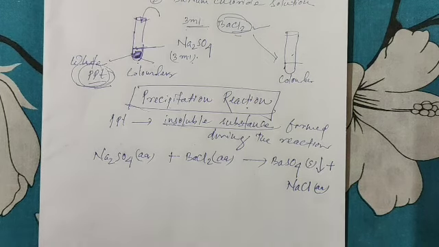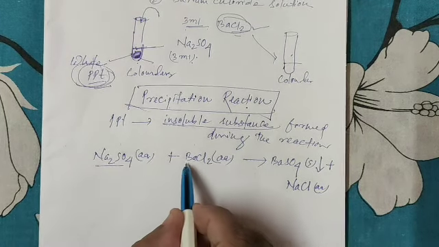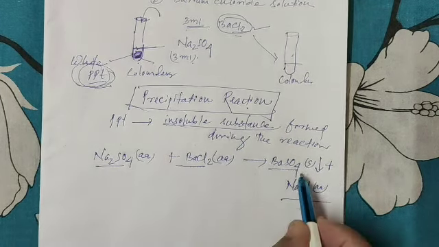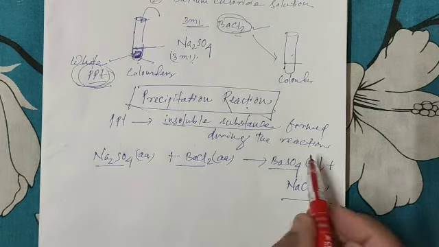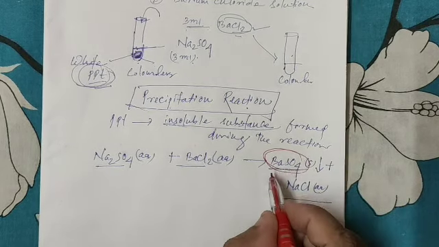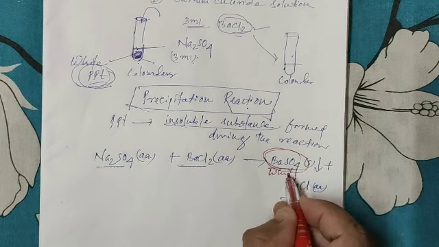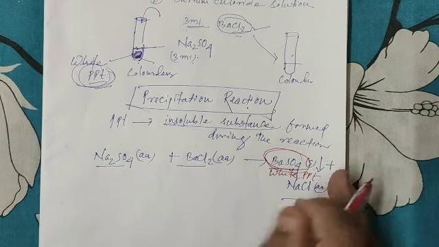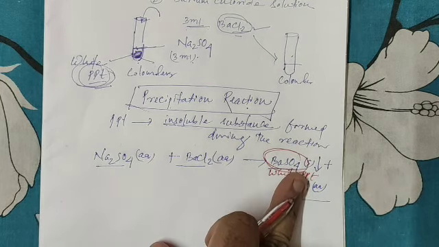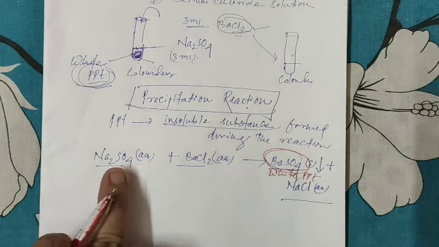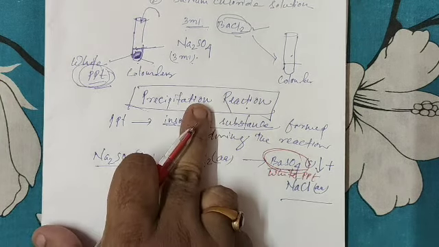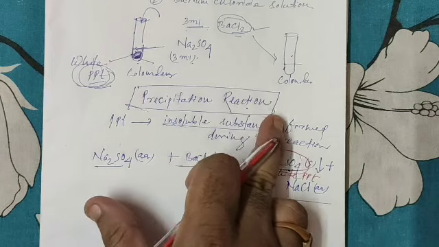So this is one type of precipitation reaction because here you got a precipitate, that is barium sulfate, a white precipitate. Such type of reactions are also called precipitation reaction.